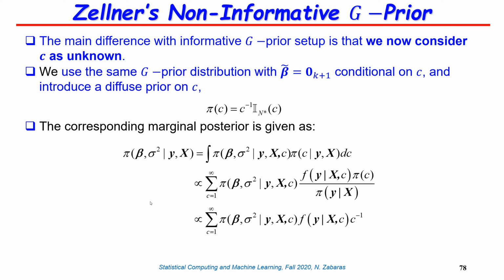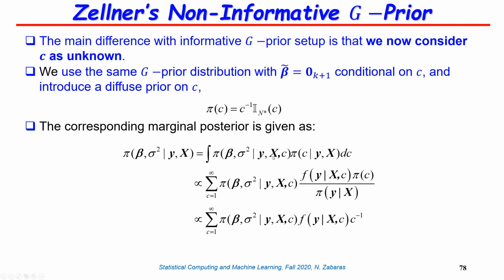I indicate here that the posterior of beta and sigma squared is basically the posterior given C. This is what we derived earlier when we worked on the Zellner G prior. There we did not explicitly write C; the implication was that C was already a parameter of the model, but now I am writing it explicitly to indicate that this is the posterior given C. This result is exactly what we had in the earlier lecture.